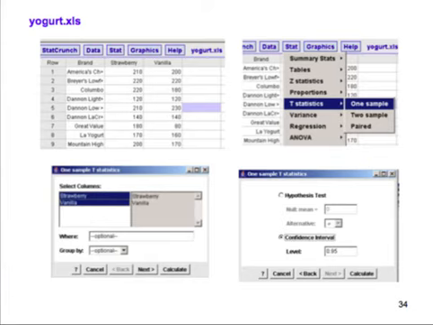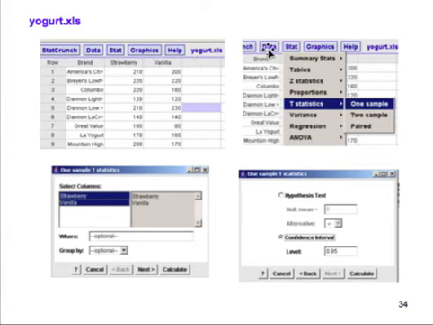So let's look at the data. It consists of the calorie content of 11 brands of yogurt, both strawberry and vanilla.